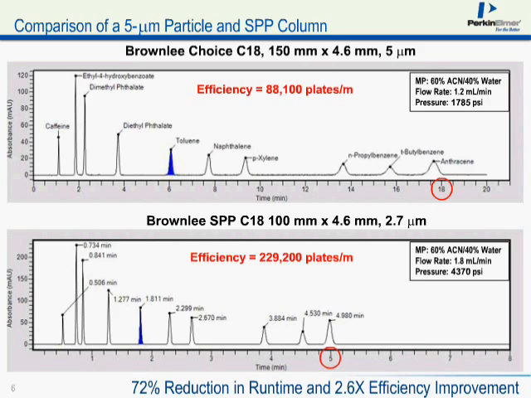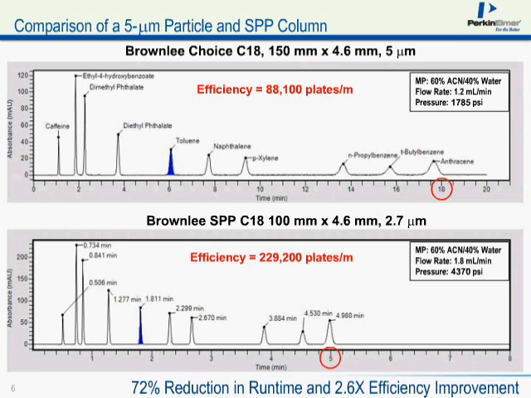And so as an example of the improvement in efficiency, here's an example of a standard 5 micron particle size, fully porous column compared to an SPP column. This is a chromatogram of a test mix that we use for gradients, but I'm using it in an isocratic mode.